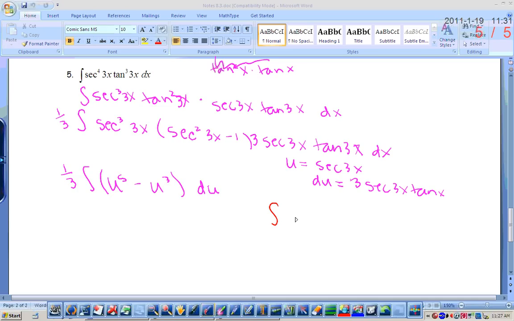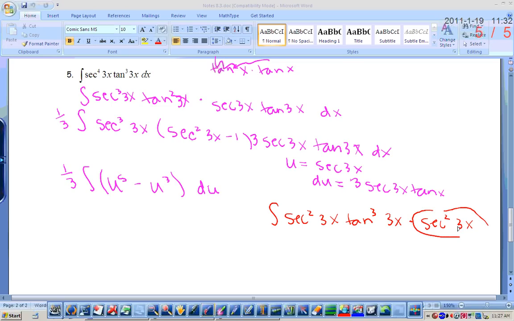So what we could have done was we could have started with secant squared 3x times tan cubed 3x, and then times secant squared 3x. So this is what we're saving, and that's going to be the du, so I need to convert secant squared to tan squared, right? So I could have converted all of this left part to just tangents, let u be tangent, and du would be secant squared.